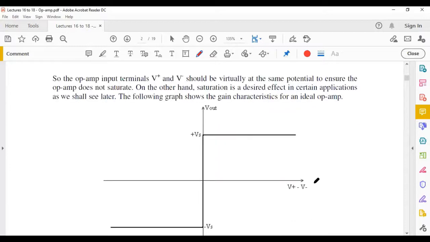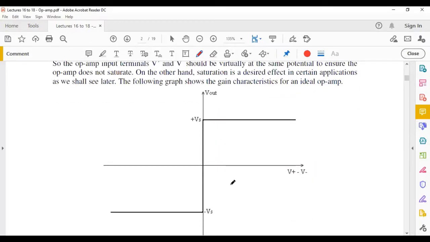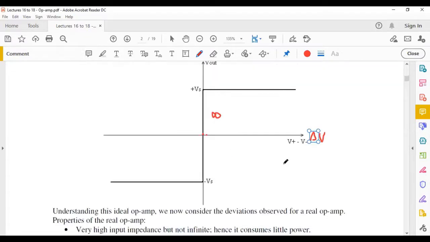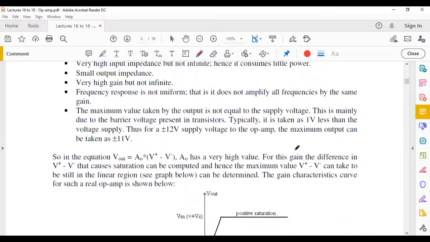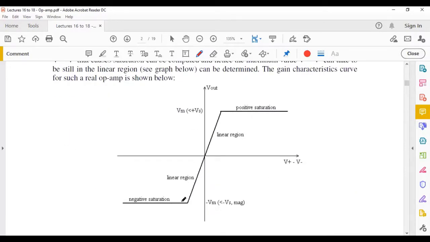This is the graph I've just explained to you. This is for an ideal op-amp, where the difference is your delta V, your V plus minus V minus. If it's equal to 0, then definitely your output is 0. But any slight difference, positive or negative, is going to cause saturation, positive or negative. So when this line here is exactly vertical, this is an ideal op-amp with an infinite open loop gain. But in practice, if I show the graph for a real op-amp and then we come to properties, this is the graph you will typically get for a real op-amp.